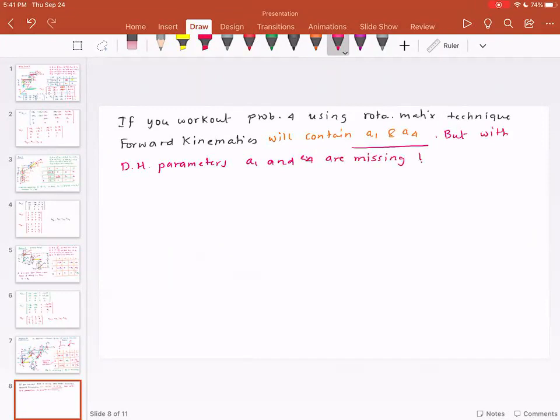And that is the biggest drawback of the DH parameter technique.